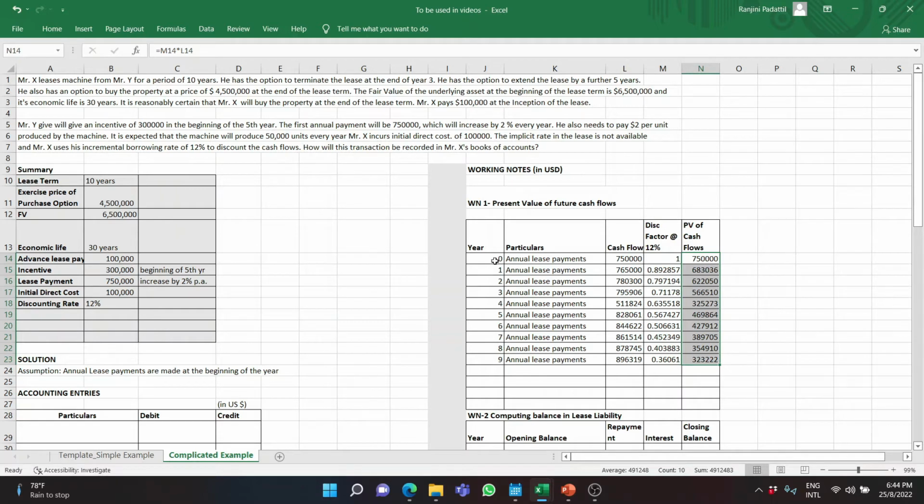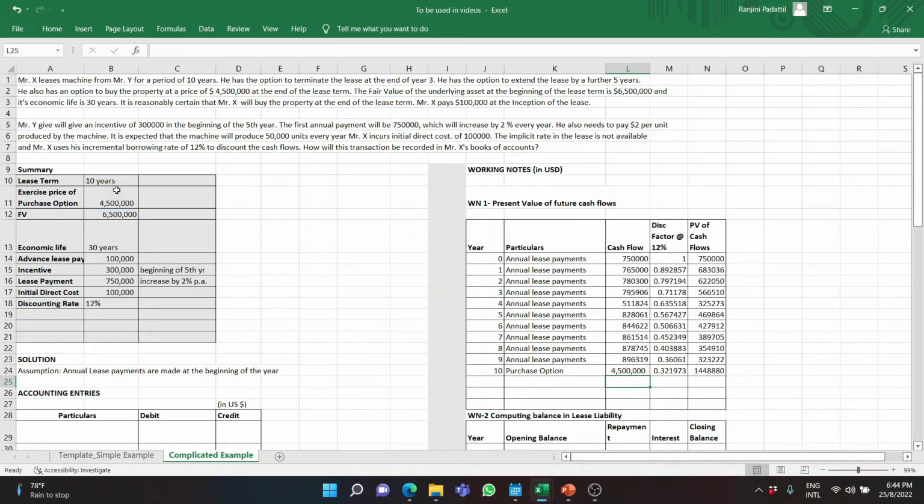Now what do they say? They say that the lease term ends at the end of the 10th year. So it's not the beginning of the 10th year, but at the end of the 10th year, there is a purchase option. And they say that the payment that will be made at the end of the 10th year will be $4.5 million.